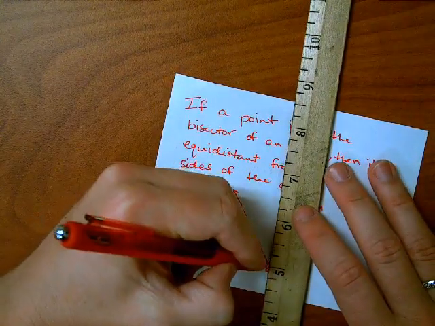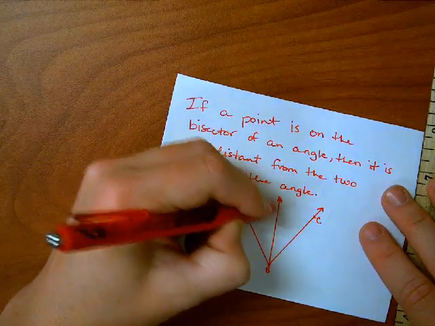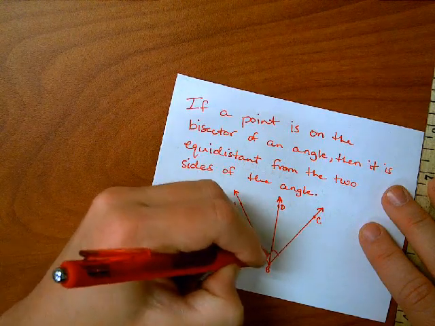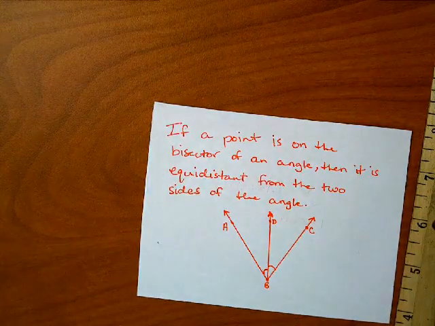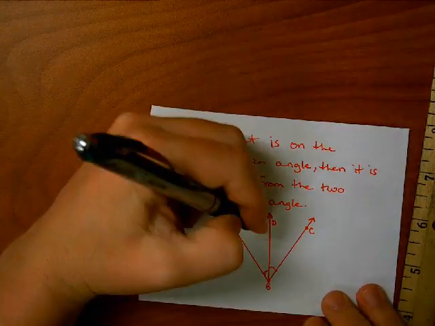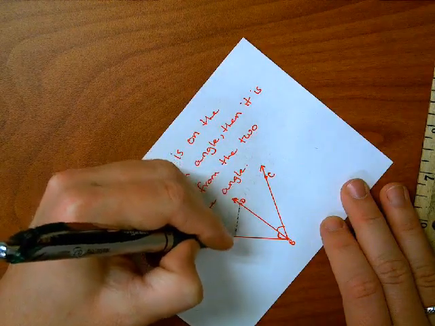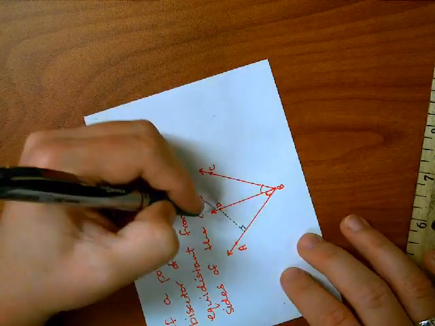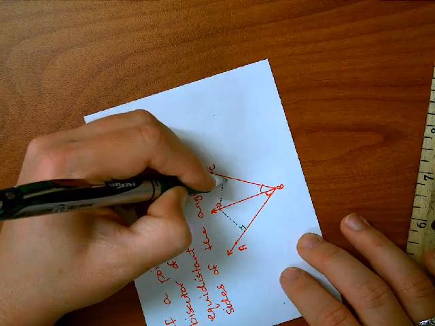Okay, so if we have an angle bisector, BD, if we know that BD is the angle bisector here, then we would know that D is the same distance from this side of the triangle as it is from this side of the triangle, angle. And again, those distances have to have those right angles there to show us that it's the shortest distance.